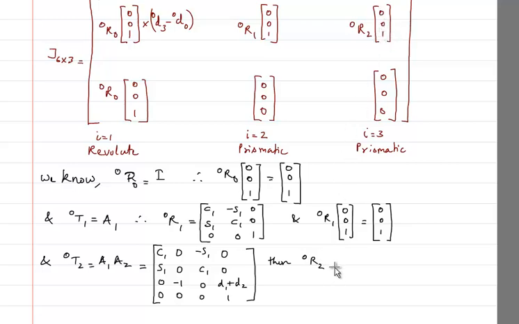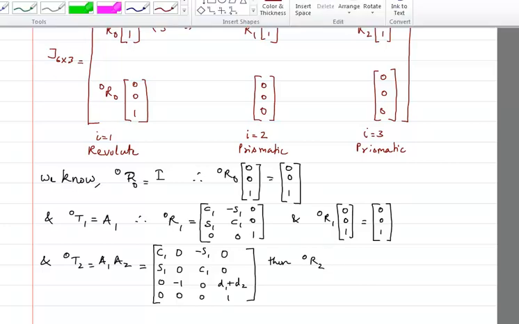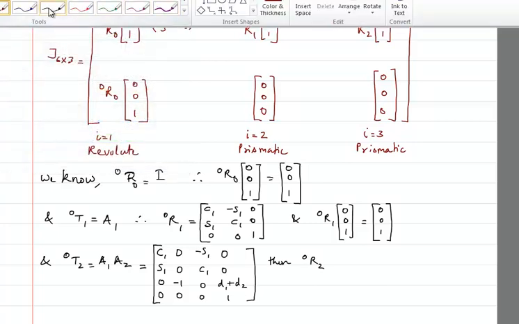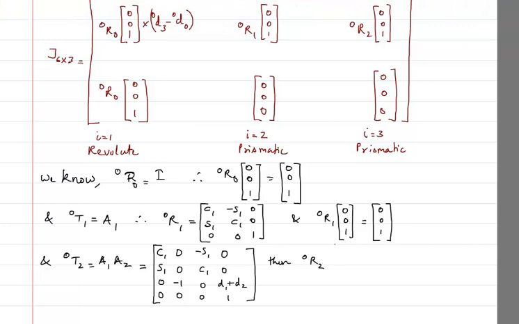So let me directly write, multiplying this directly with 0 0 1, I'll have to take just the third column. The third column is going to be minus s1, c1, 0. So that is also done.